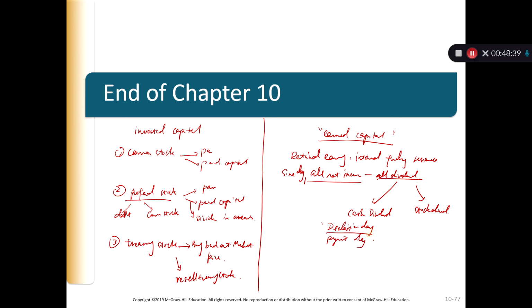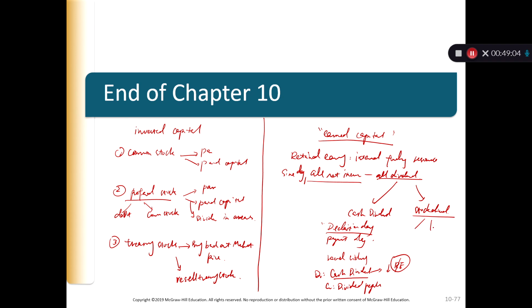Declaration day is the day that we record a liability. We debit the cash dividend and credit dividend payable. This is actually a reduction of the retained earnings account at the end of the period. So does a stock dividend, right?